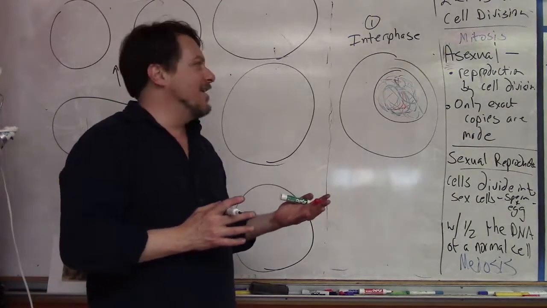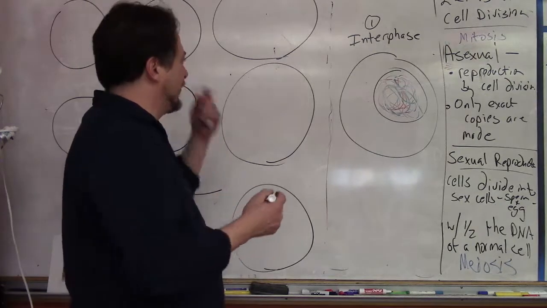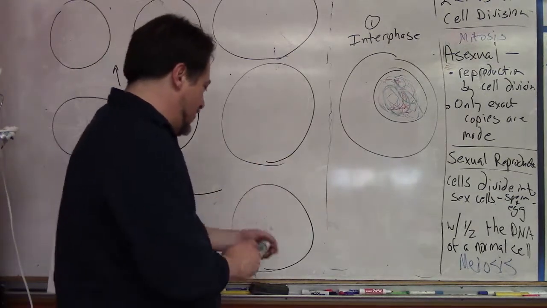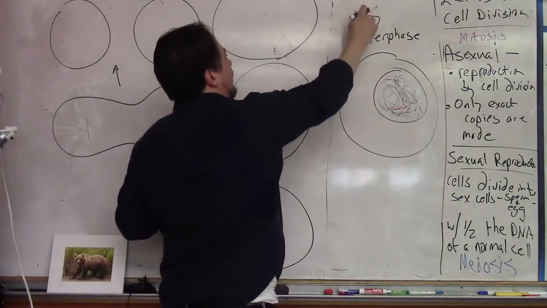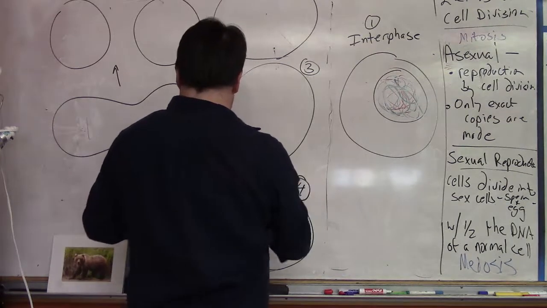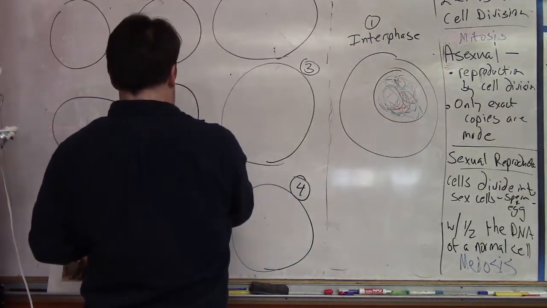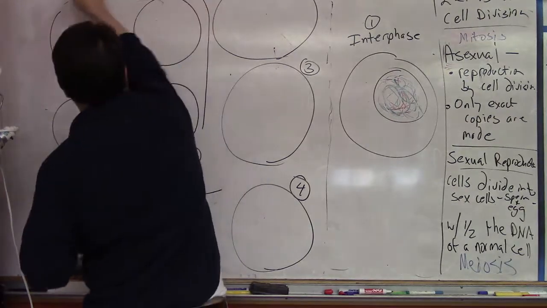And the cell is about to go through the stages of mitosis. We will say they go in this order: 1, 2, 3, 4, 5, which is this whole thing here.